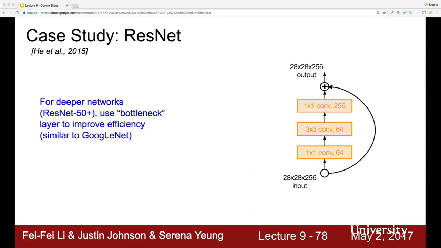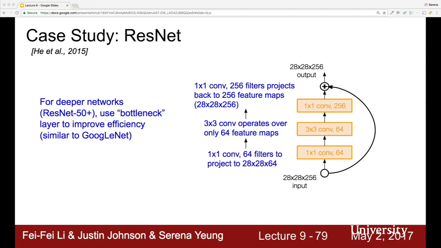Okay, so one additional thing just to know is that for very deep networks, so the ones that are more than 50 layers deep, they also used bottleneck layers similar to what GoogleNet did in order to improve efficiency. And so within each block, what they did is have this one-by-one conv filter that first projects it down to a smaller depth. So again, if we are looking at our let's say 28 by 28 by 256 input, we do this one-by-one conv.